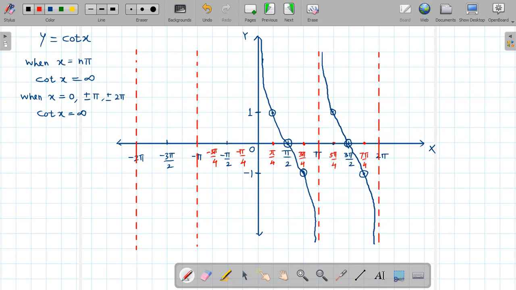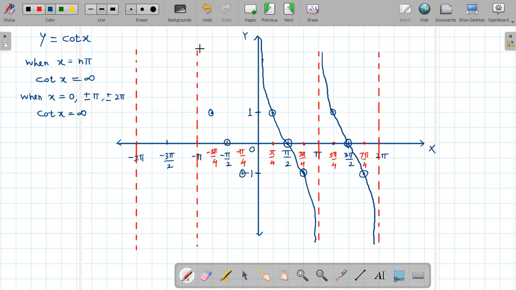Now here cot of minus pi by 2 is 0. See here, cot of minus pi by 2 is 0. Then cot of minus pi by 4 is minus 1, and cot of minus 3 pi by 4 is plus 1.